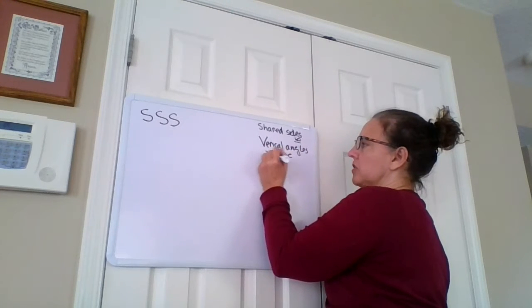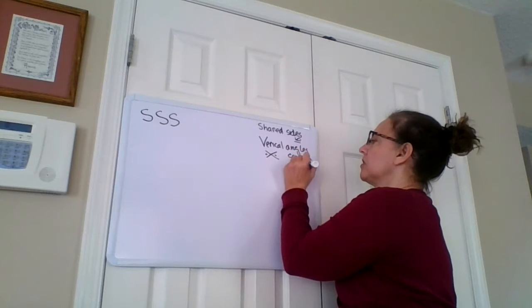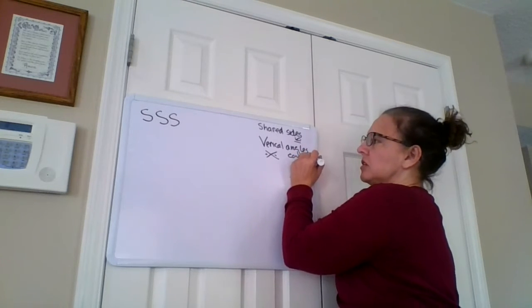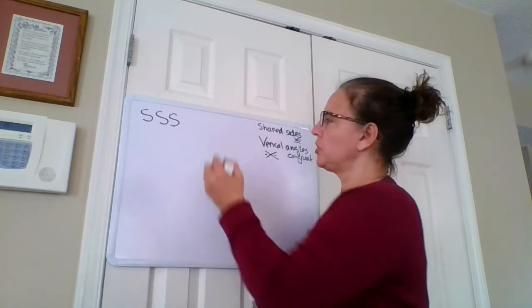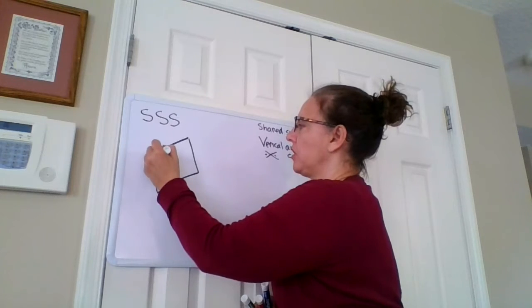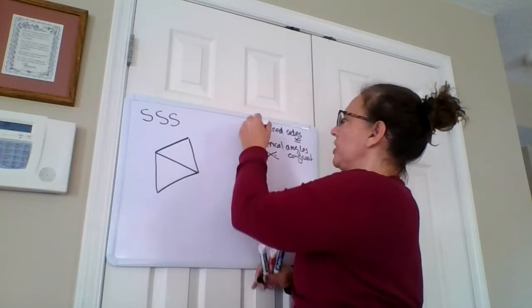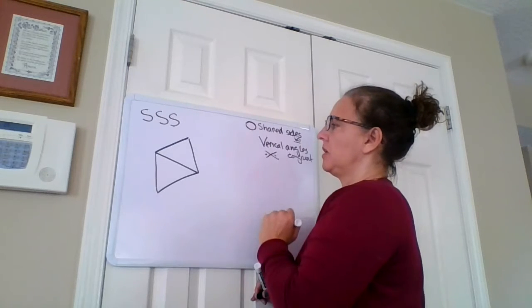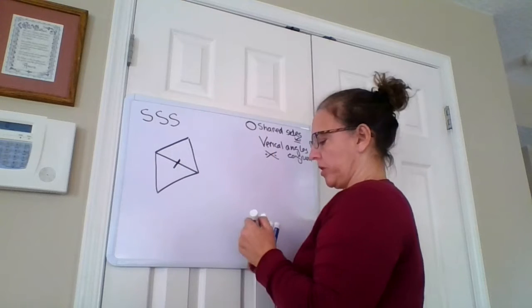Remember, the vertical angles are across from each other. So, like on problem 1 of your review sheet, if I have a figure that looks like this, do I have any shared sides? I do between these two triangles, so I'm going to mark them congruent.